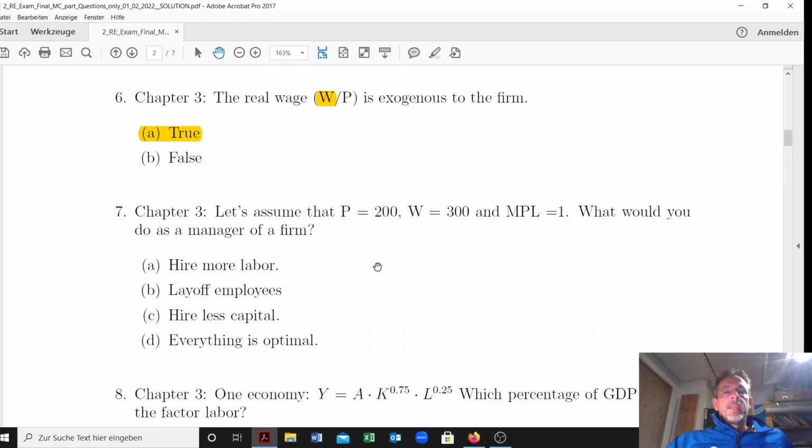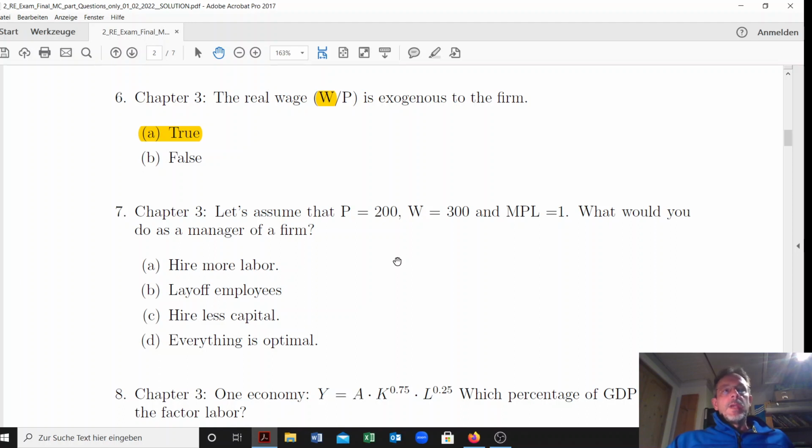Question number 7. Let's assume that the goods price is 200, the wage rate is 300, and the marginal productivity of labor is equal to 1. What should we do in this situation? In this situation, one worker can produce 1 unit of output. We can sell it for 200 Danish krona, and therefore the revenues would be up by 200.